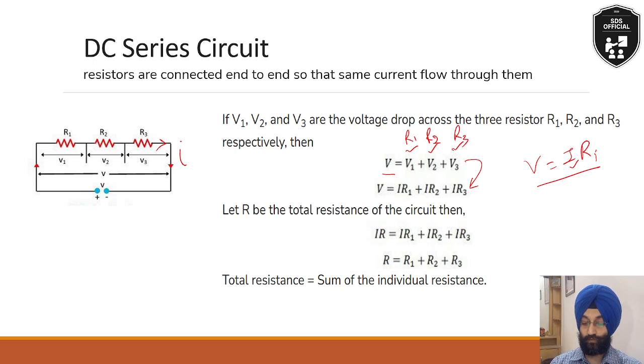V1 is equal to IR1, V2 is equal to IR2, and V3 is equal to IR3. So the total current and total voltage can be replaced by this equation: V is equal to IR. So we will get the sum of series resistances: R is equal to R1 plus R2 plus R3.